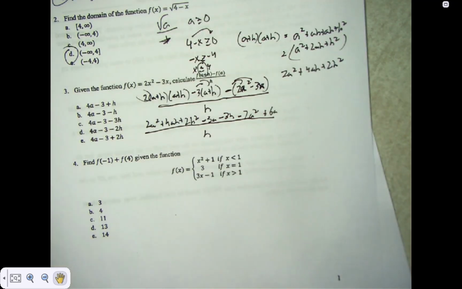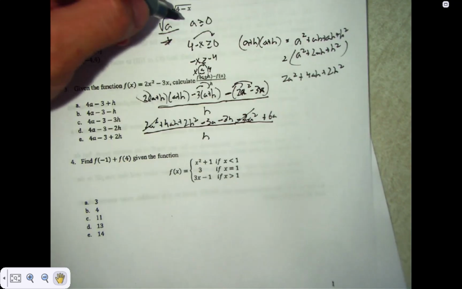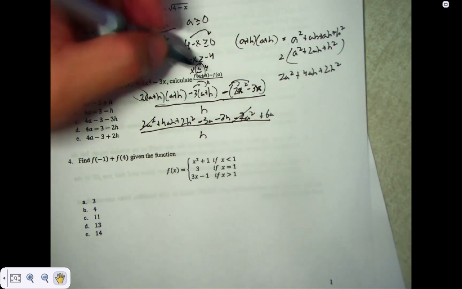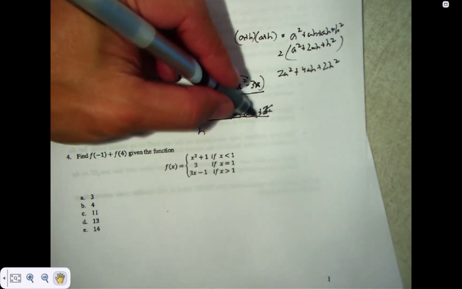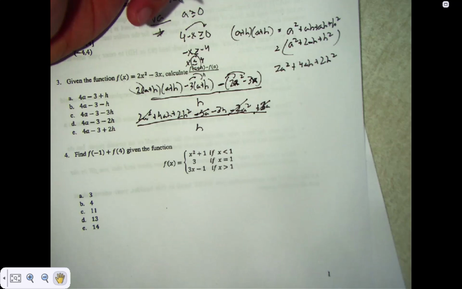So moving forward with my life, I should have some things cancel. Here's a positive 2a squared, and here's a negative 2a squared. Here's a plus 6a. I don't know why I'm saying plus 6, it's plus 3a. Negative times negative is positive. Plus 3a and a minus 3a. And that looks like everything that cancels. So what do I have left?